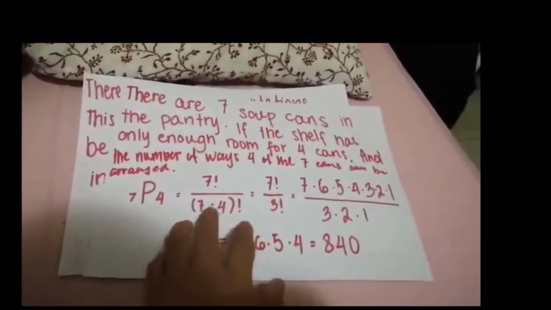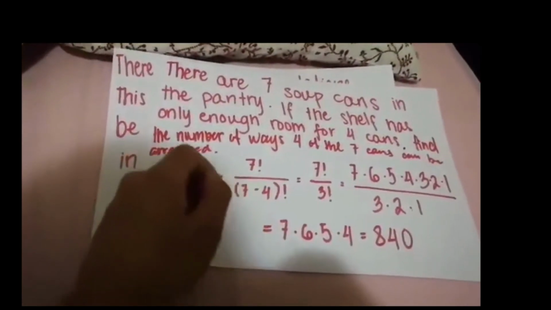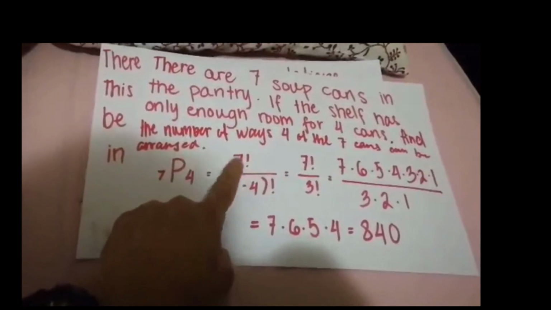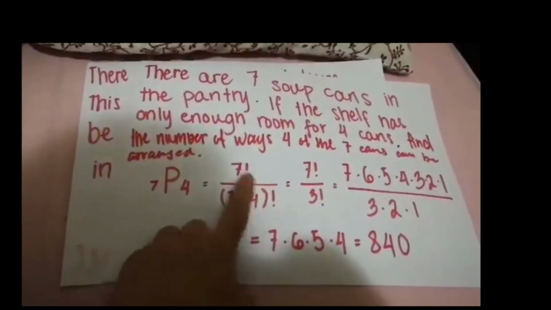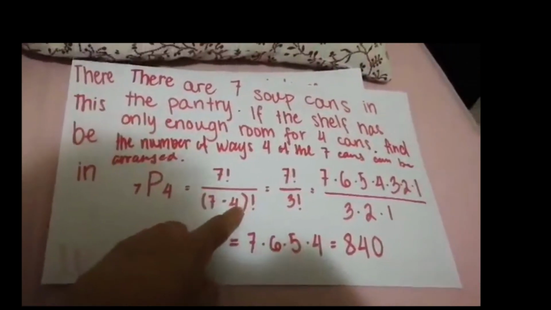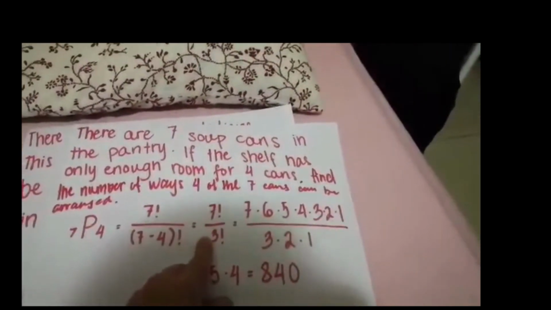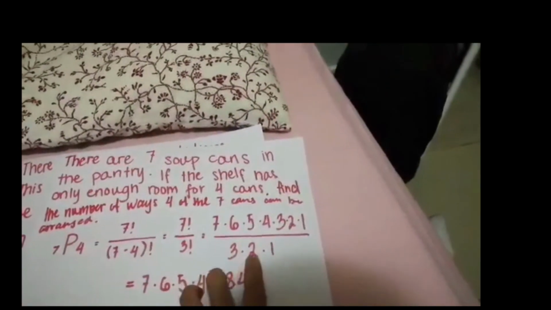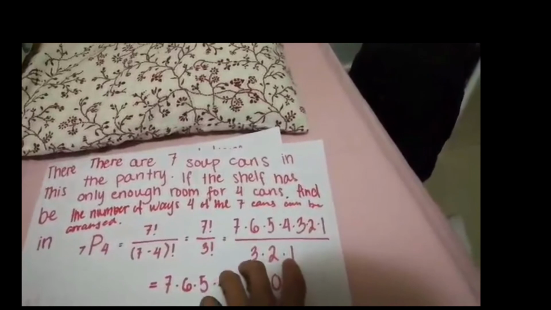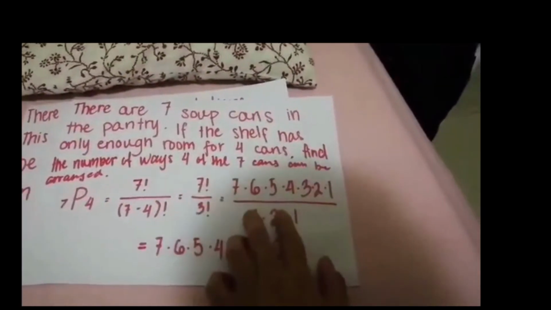So if we put that formula into use, we have 7 factorial over 7 minus 4 factorial. It'll turn to 3 factorial. Then we have to cancel that out. We have to cancel 3 to 1 out.